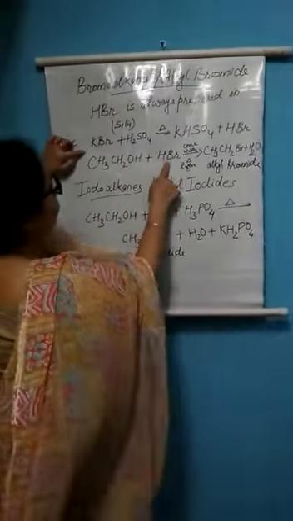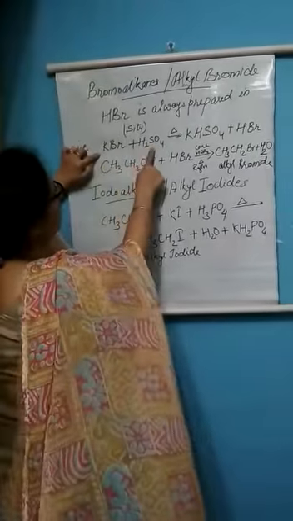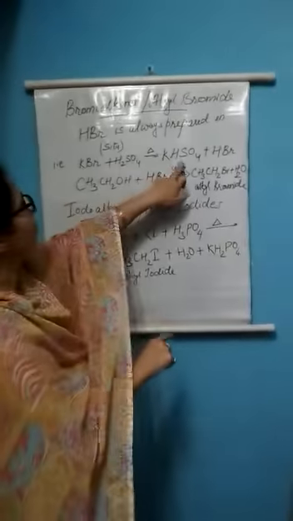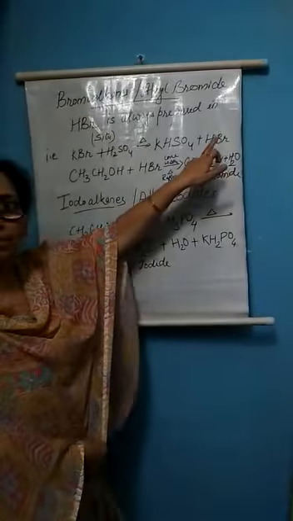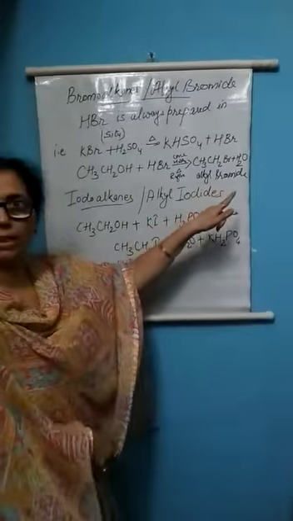In order to get HBr, potassium bromide is reacted with sulfuric acid. Then potassium bisulfate and HBr are formed. This HBr then reacts with alcohol to give alkyl bromide.